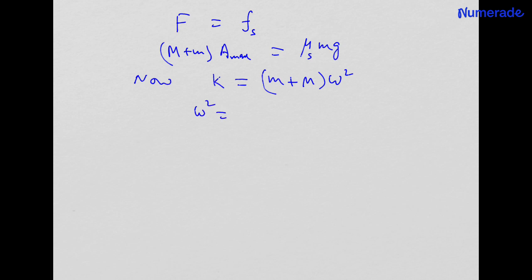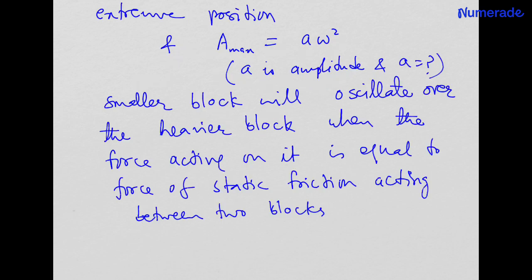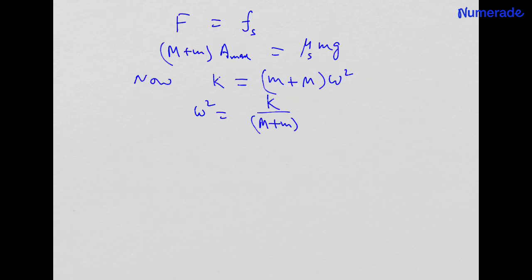So omega square will be given by k by M plus m, and already we have seen a max is A omega square, where omega square is k by M plus m.